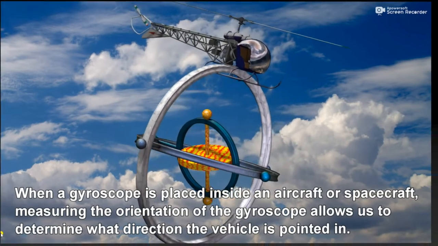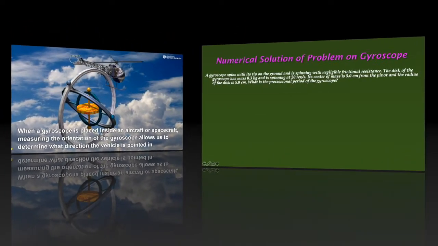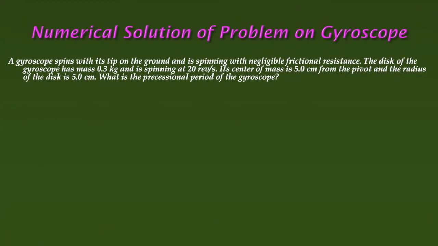Now I will discuss a numerical solution based on a gyroscope. Here the dimension and the mass of the gyroscope are given, and we have to find the precessional period of the gyroscope.